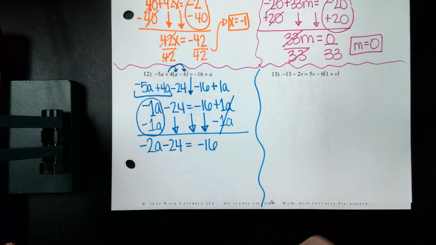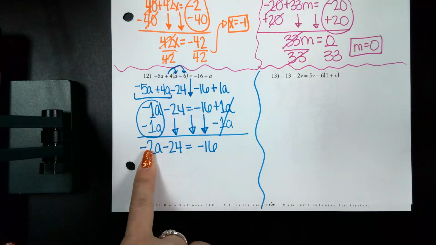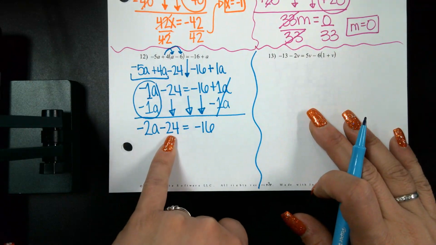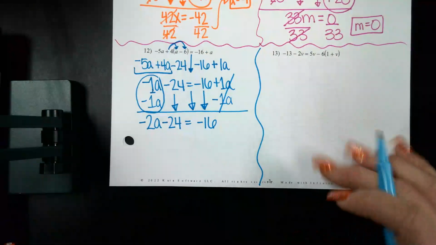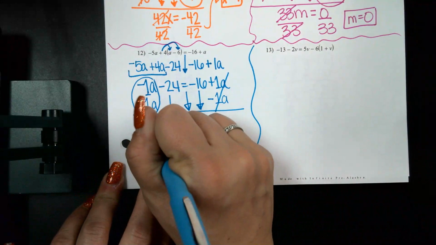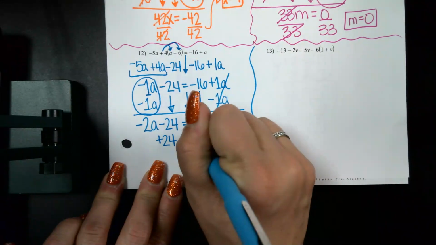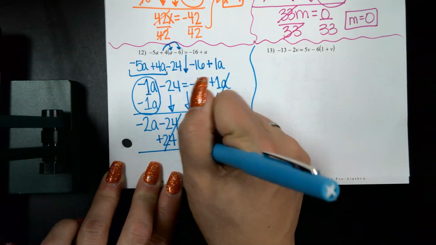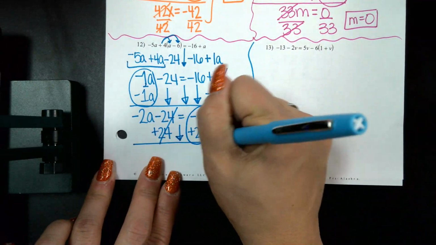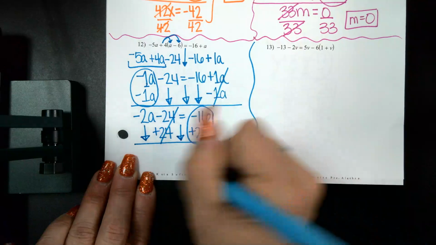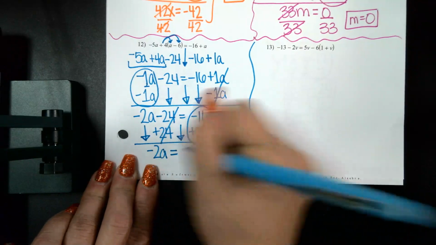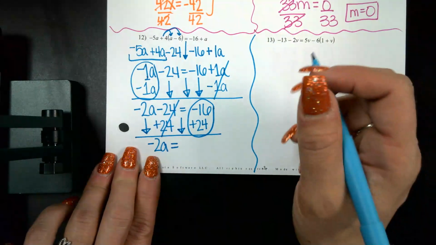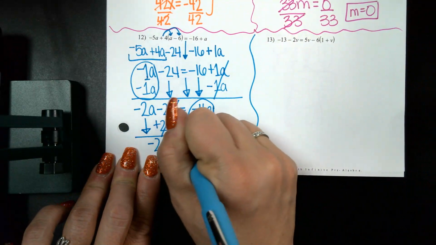So then my next step, since I just moved my variable to the left, now it's time to move the constant to the right. So I'm going to get rid of the minus 24 by adding it. So negative 16 plus 24, 8.